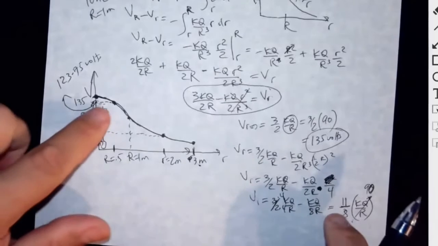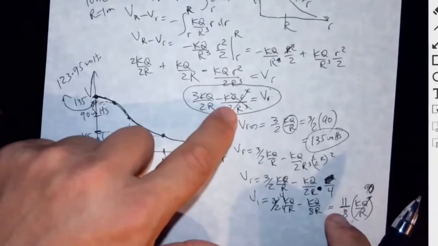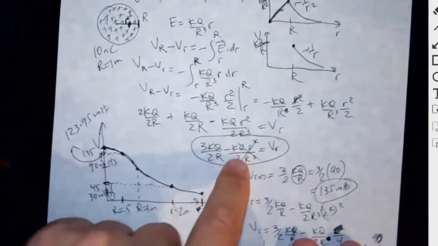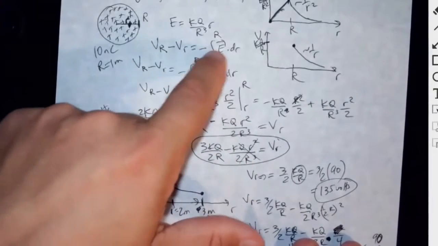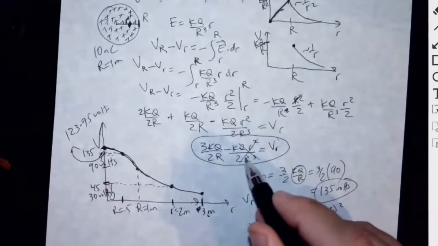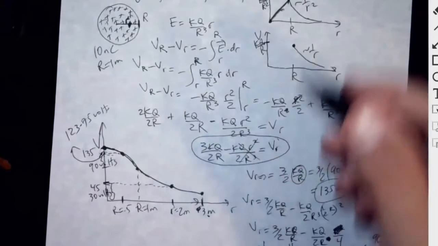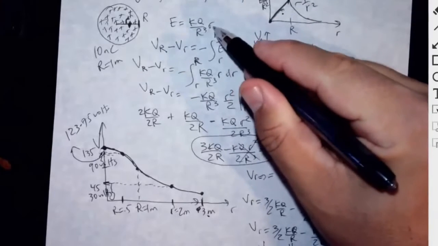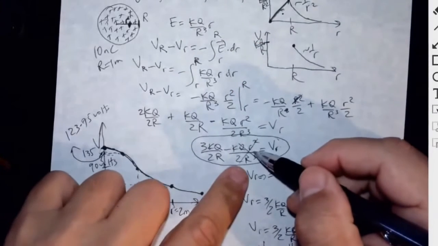So now if you take the negative derivative of this function, what should you get? In order to derive this, we took the negative integral of the E field that we already knew, right? But if I take the negative derivative of this, you should get back to the E field, kq over R cubed times r. So I think it does work, right?